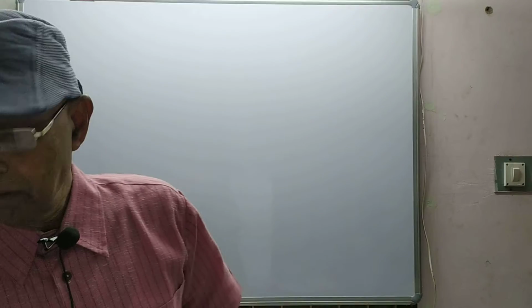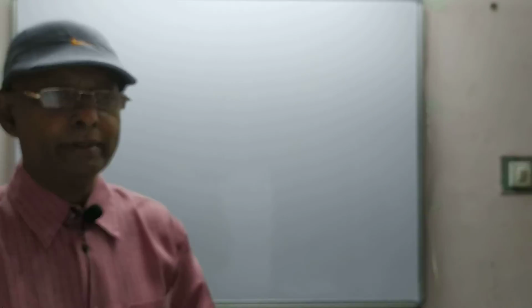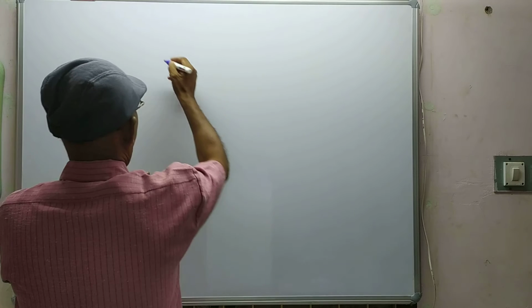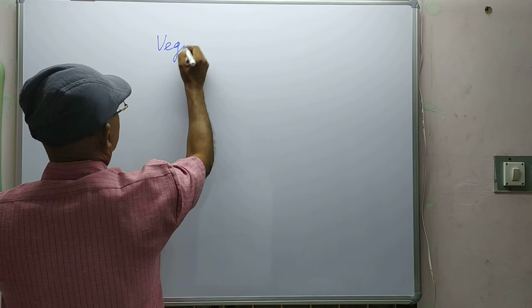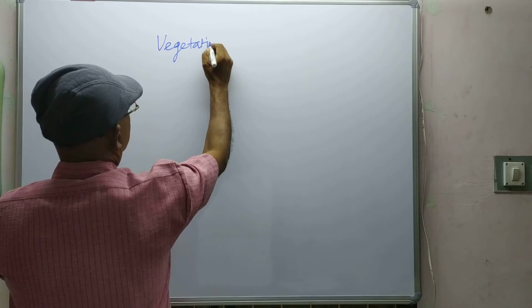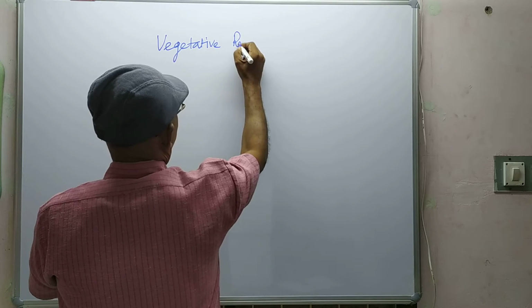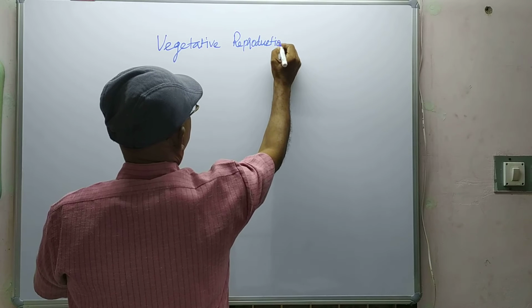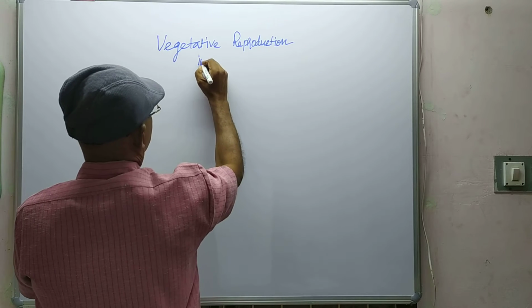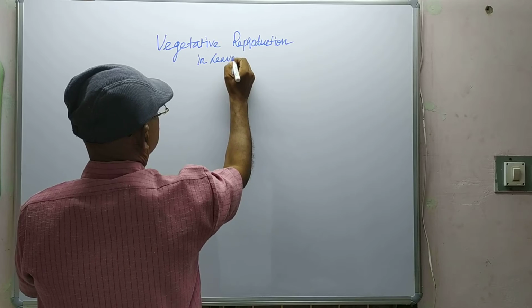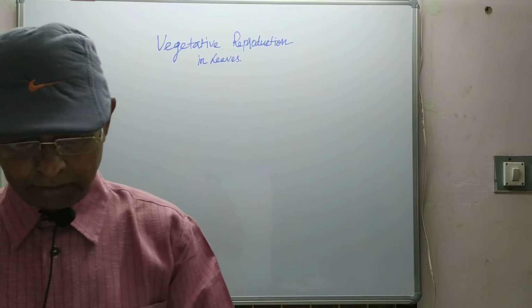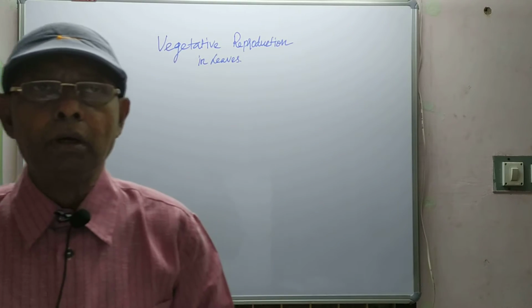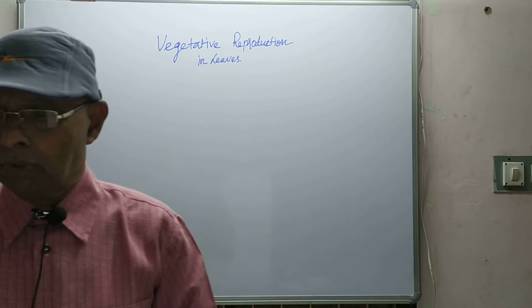My dear students, now we will see about vegetative reproduction in leaves. In some plants, roots will produce new plants.